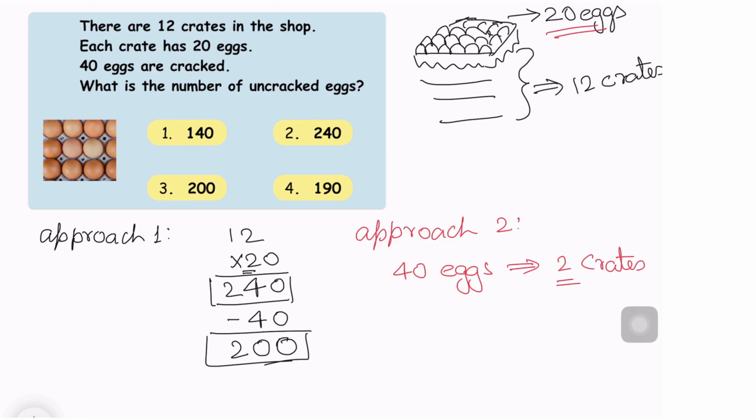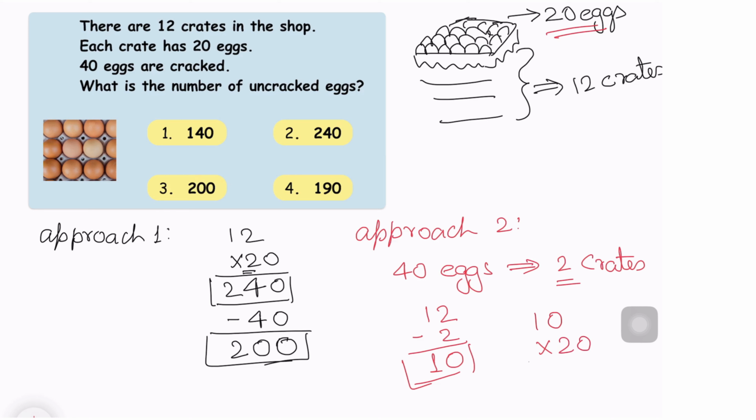And then what is the number of unspoiled or uncracked eggs? We can get that by 12 minus 2. 12 is the total number of crates which contain cracked and uncracked eggs. 2 crates are spoiled or cracked, so we simply subtract. So 10 crates have eggs which are not cracked. Now to know the total number of eggs in these 10 crates, we will multiply 10 by 20.